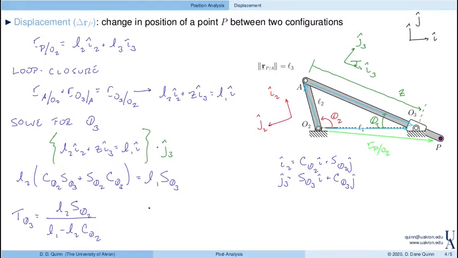And as a result, what we find is that r of P with respect to O2 is, of course, L2 I2 plus L3 I3. And over here, I will tell you what I3 is again. It's cosine theta 3 I minus sine of theta 3 J.